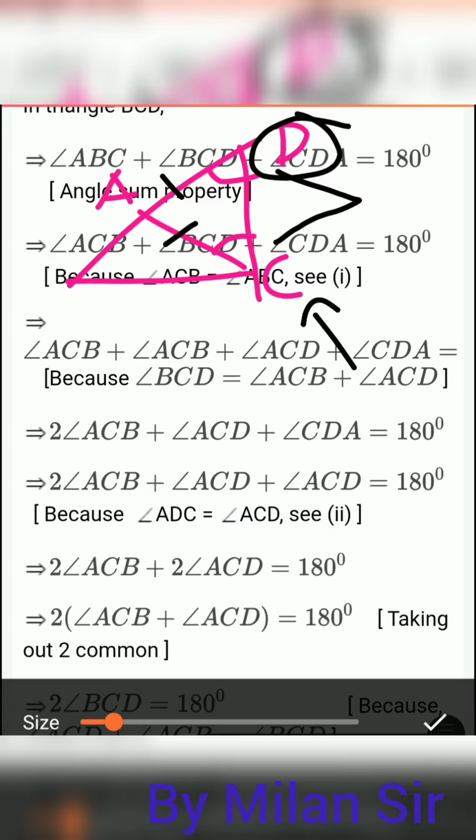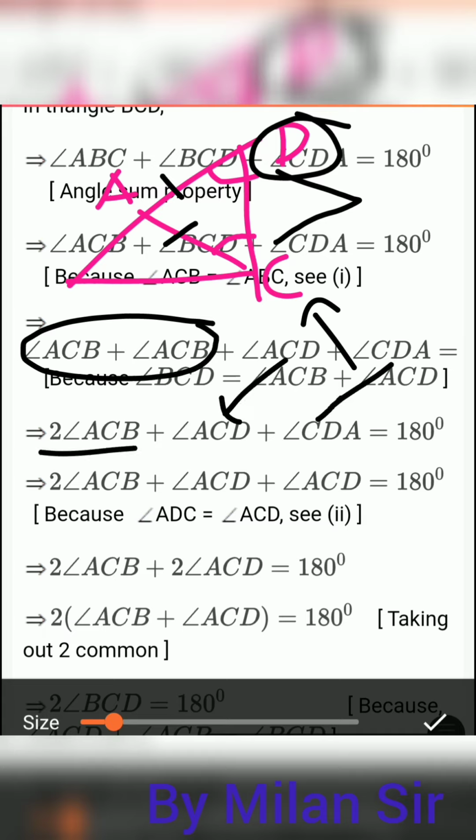So in place of ADC, we can write ACD. So now here ACB plus ACB, 2 times ACB, and ACD. Now in place of CDA, write down ACD, because both are the same.